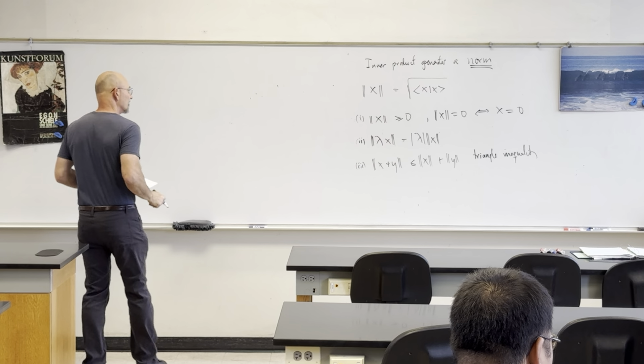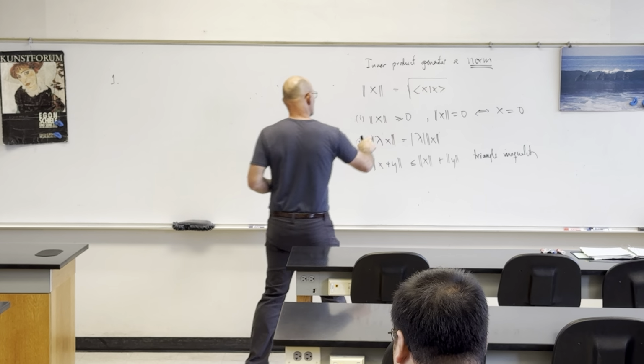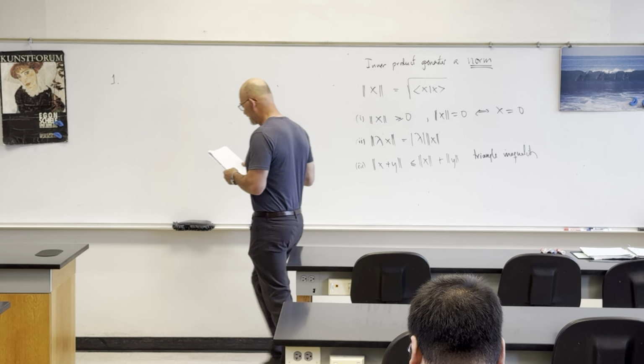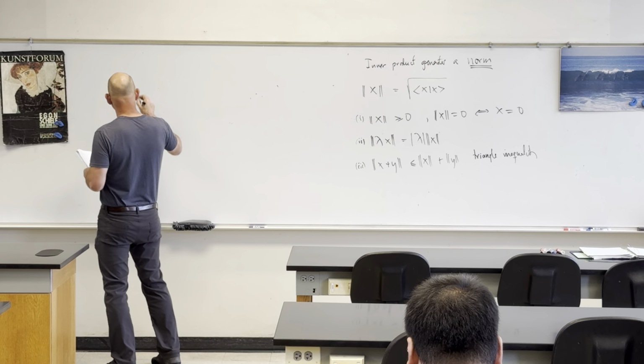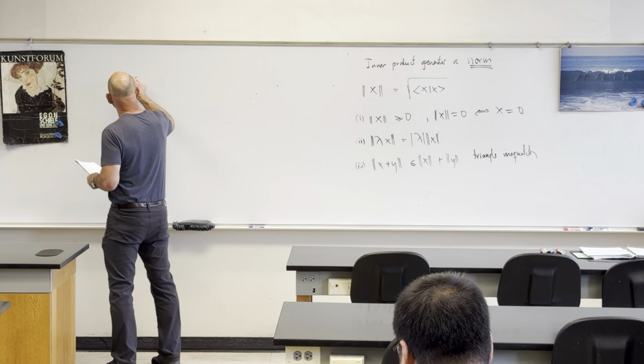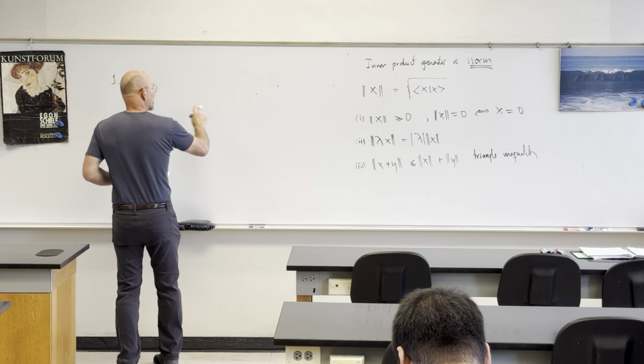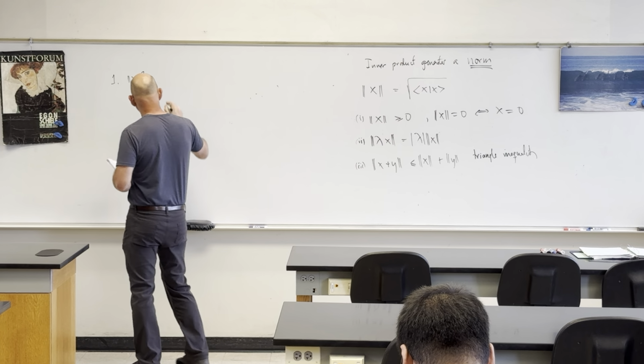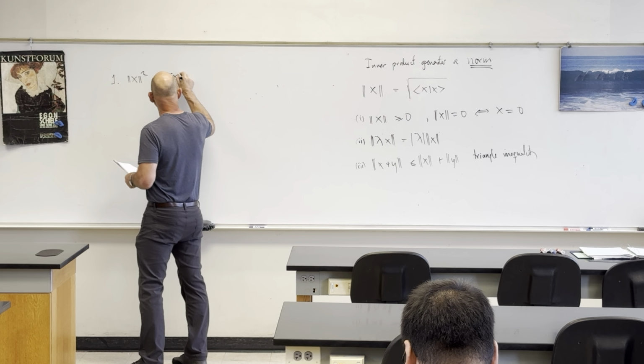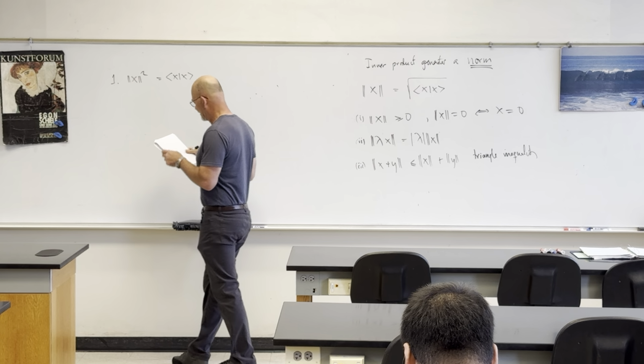First one, greater than or equal to 0 with 0 only when x is 0. So we can just do the norm squared to get rid of the square root there. Inner product of itself.